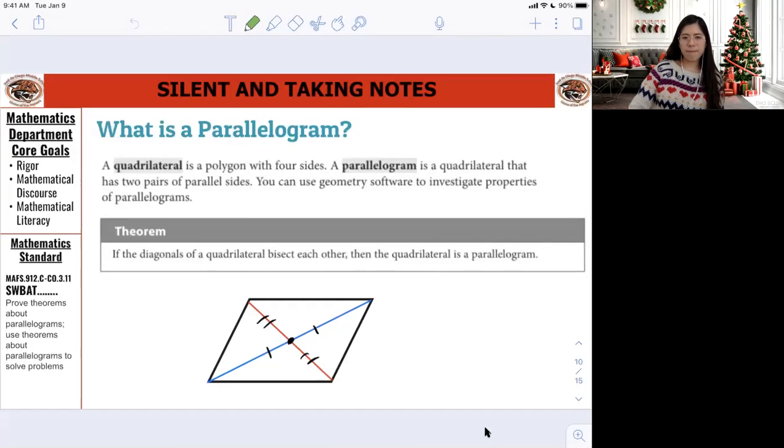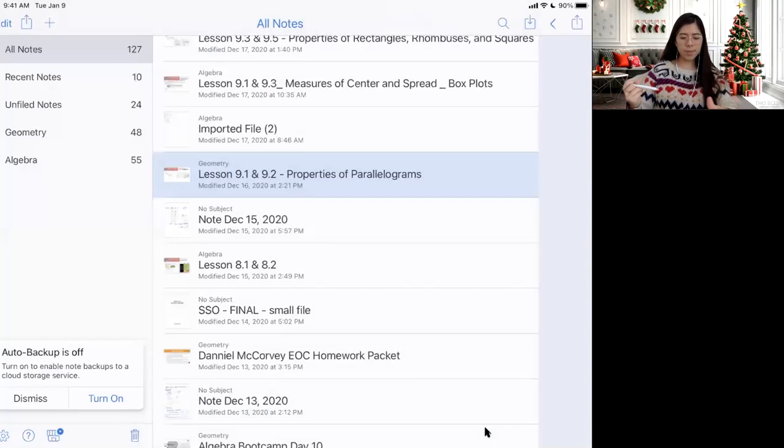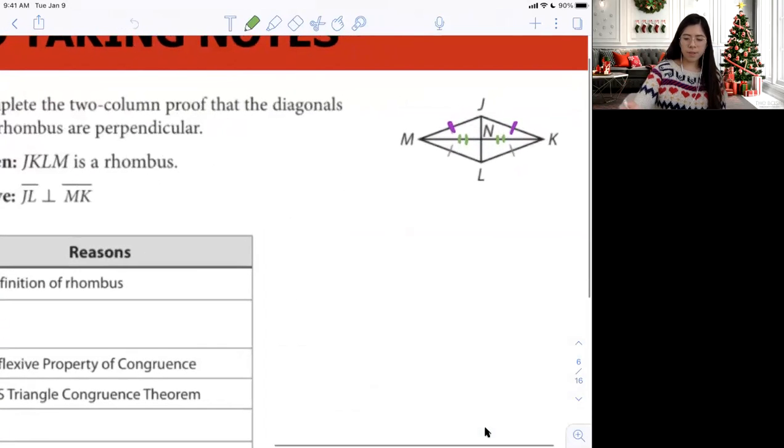What does it say? If the diagonals bisect each other, then the quadrilateral is a parallelogram. Right. So a parallelogram, by definition, has diagonals that bisect each other. So in our example that we just left off on, how do I know that MN is congruent to KN?